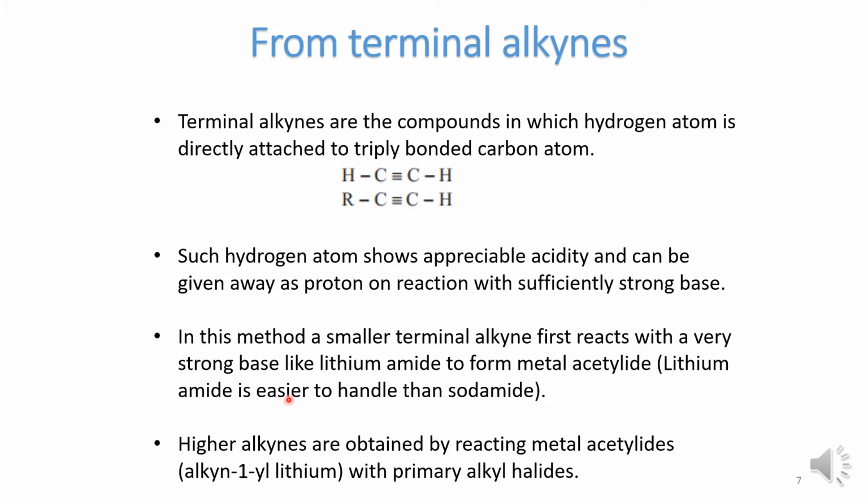In this method, smaller terminal alkynes first react with a very strong base like lithium amide or sodamide to form a metal acetylide, and then higher alkynes are obtained by reacting metal acetylides with primary alkyl halides.